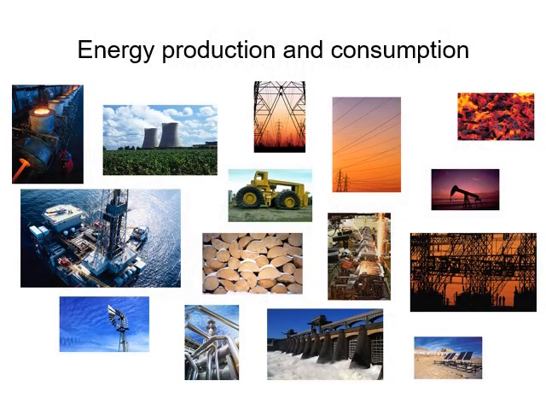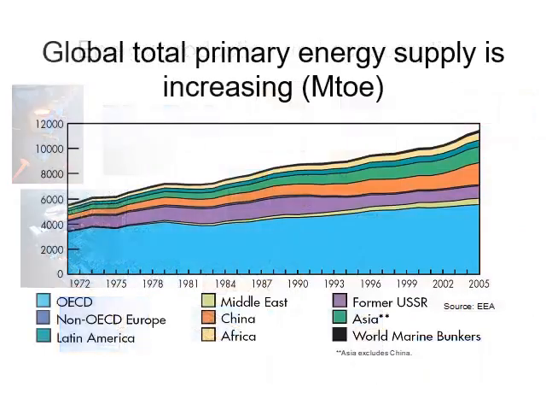Now, this carbon dioxide, which affects the temperature, as I mentioned, comes from energy production and consumption. I will revise with you now this profile of energy production and consumption. Have a look at the global total primary energy supply, in megaton oil equivalent. Here you can see from 1972 to 2005, all data.